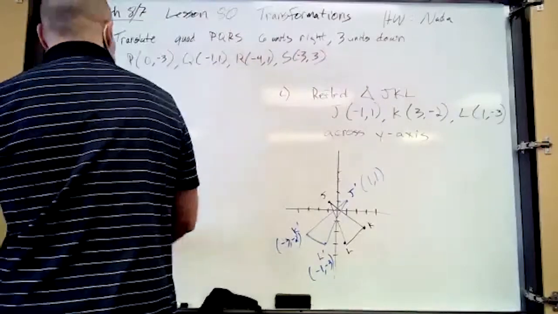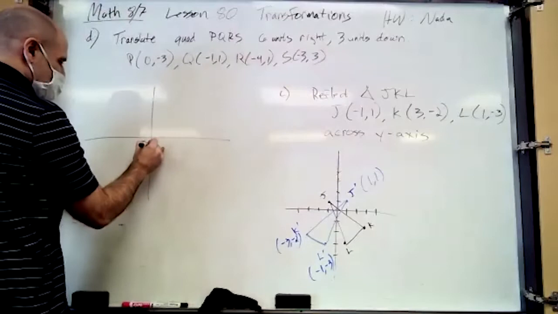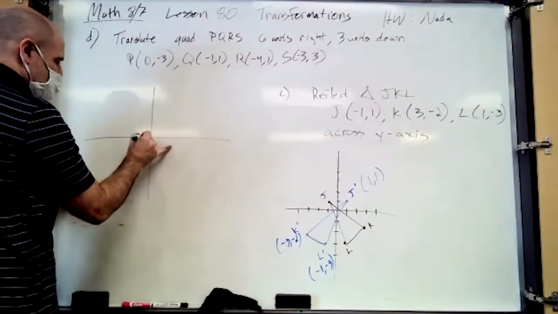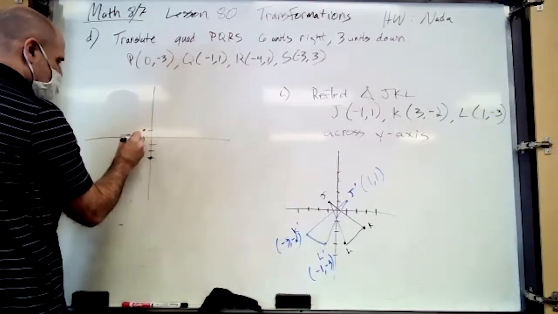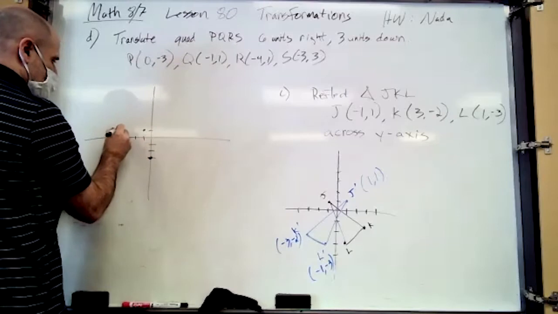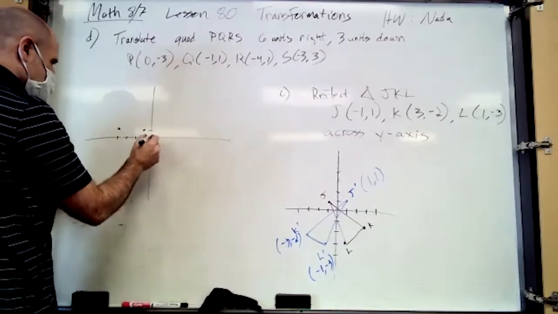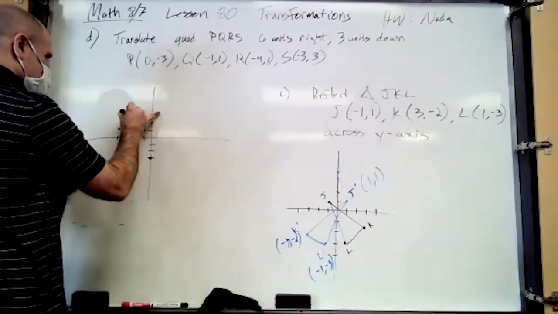Okay, so let's graph that. So 0, -3. There's P. -1, 1. There's Q. -4, 1. There's R. And then -3, 3 is right there.